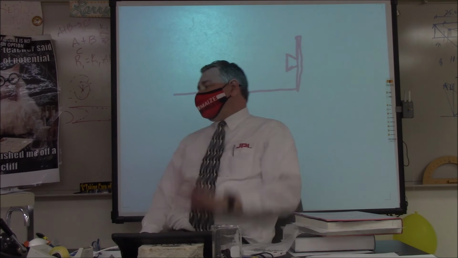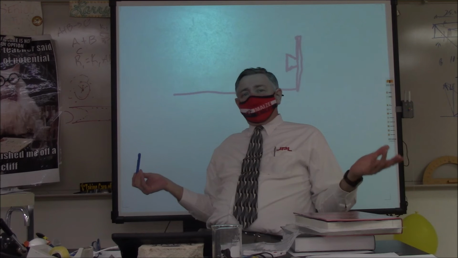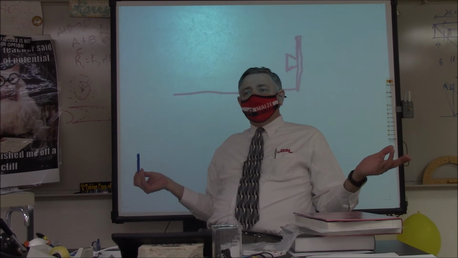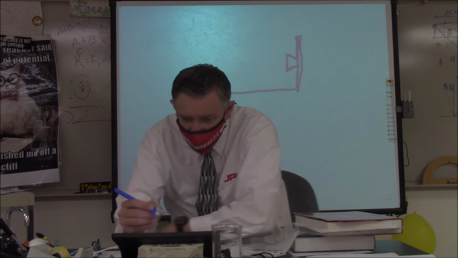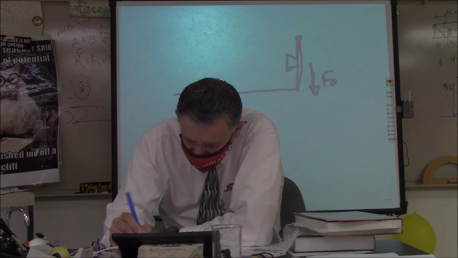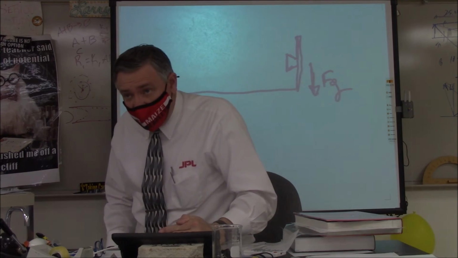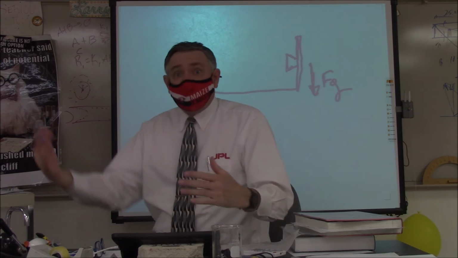So when that's sitting there, what's one force that's acting on the rubber stopper no matter what? Gravity. Gravity, okay? So gravity's trying to pull it down, right? Now, just by virtue of the fact that it isn't falling, what else has to be there?